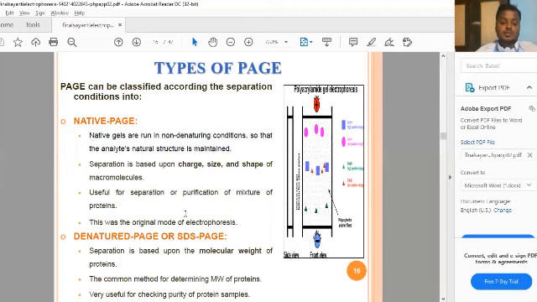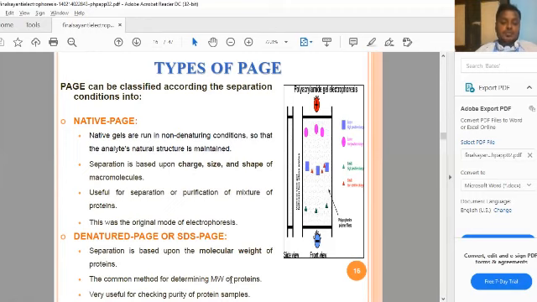It is useful for separation or purification of mixed proteins, and this was the original mode of electrophoresis. Denatured PAGE or SDS-PAGE: separation is based upon the molecular weight of the protein. It is the common method to determine the molecular weight of proteins, and very useful for checking the purity of protein samples.